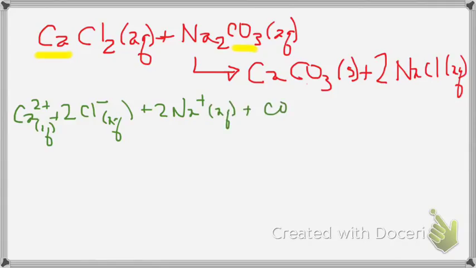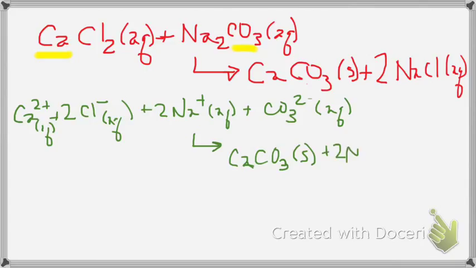Plus a carbonate anion that's aqueous. It makes calcium carbonate, which is a solid, so we can't break it apart, plus 2 sodium cations, which are aqueous. Plus 2 chloride anions, which are aqueous.